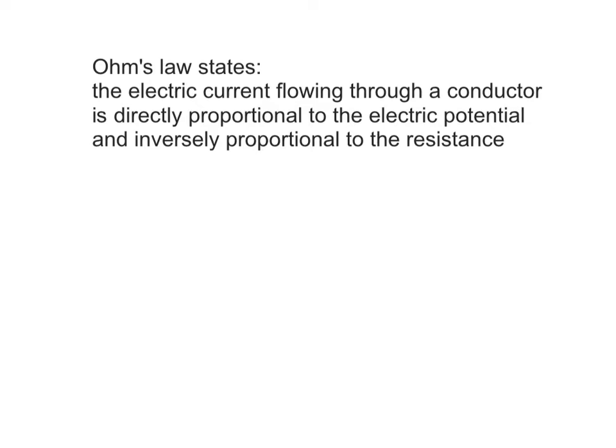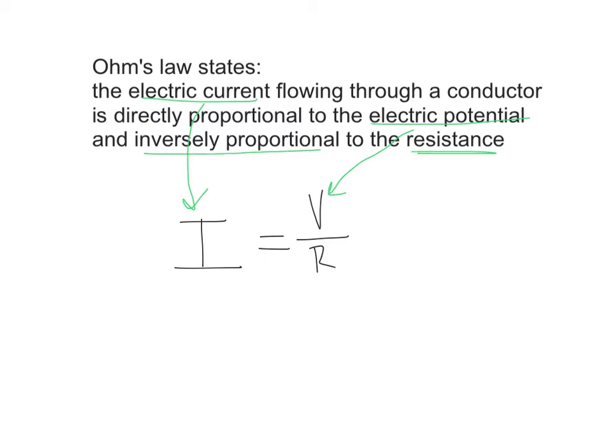Now, one way that we can write this equation is I, which is electric current, is equal to the voltage, which again is electric potential, over the resistance. It's inversely proportional to the resistance, so resistance is here in the denominator.